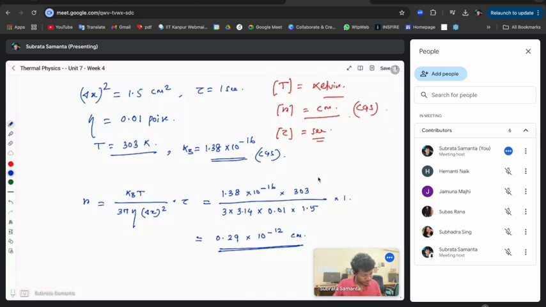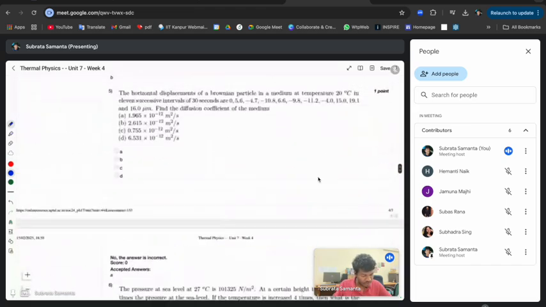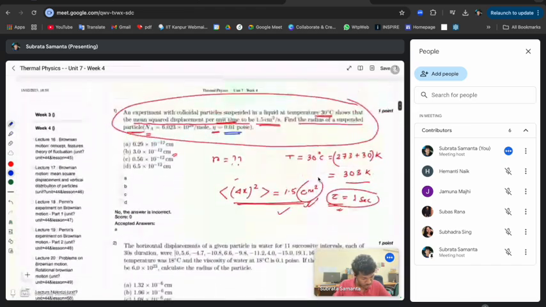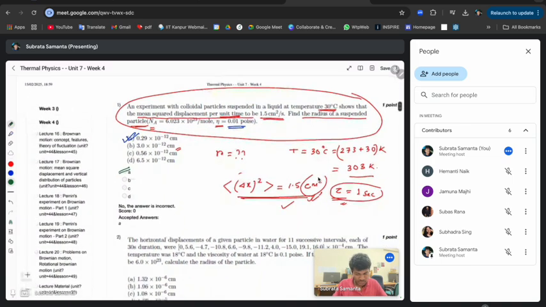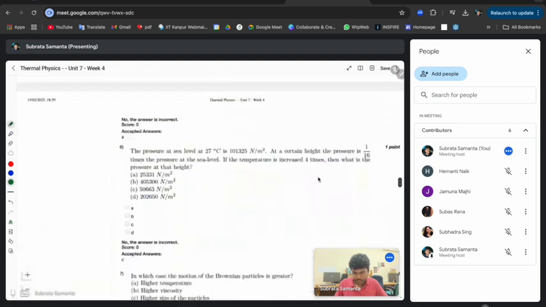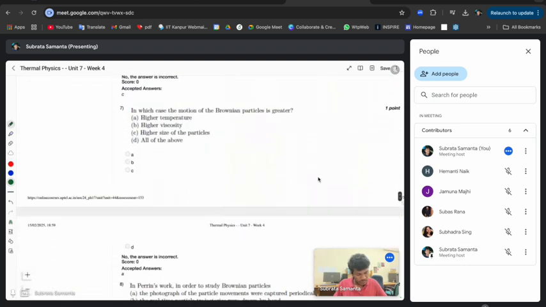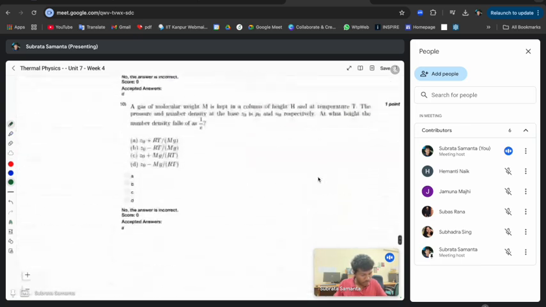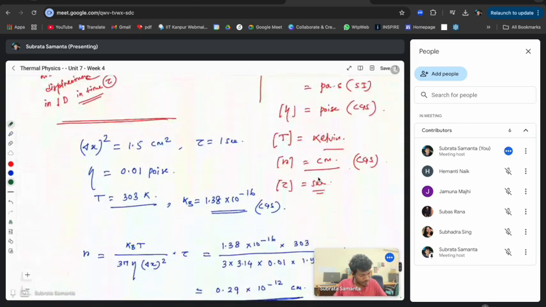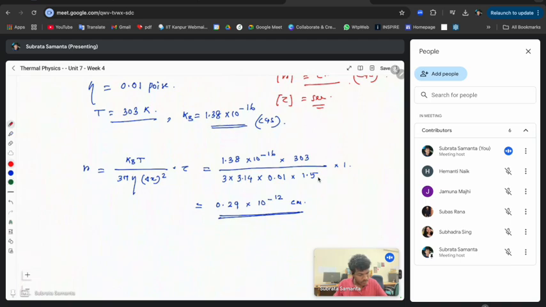Now check the answers, if this answer is given in the options or not. Yes, the option A is 0.29 times 10 to the power minus 12, so this is the correct answer.